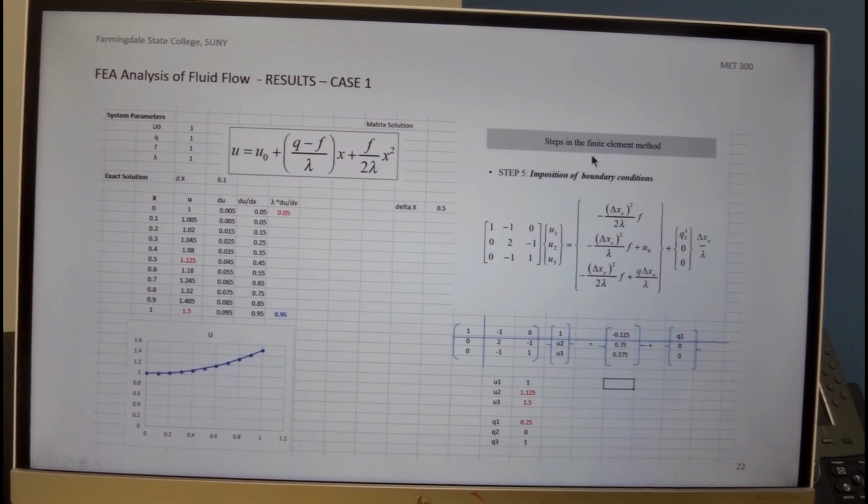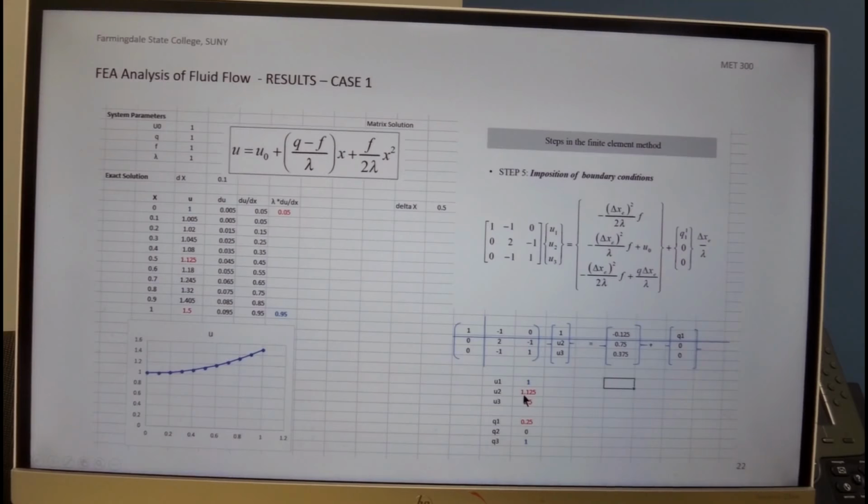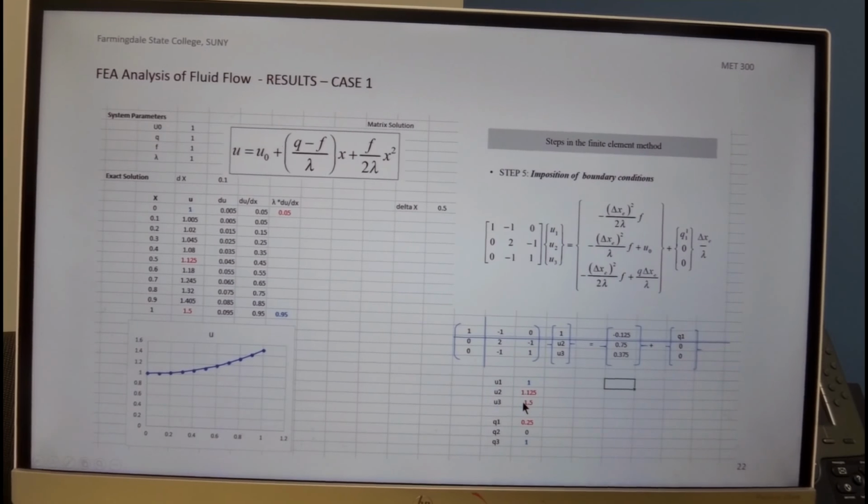And then we go over here with the finite element formulation as we derived it, use the global matrix over here in the Excel spreadsheet, going through the solution process and finding the values at global node 2, which is at 0.5, and global node 3, and the other unknown is the value of q at the first global node.